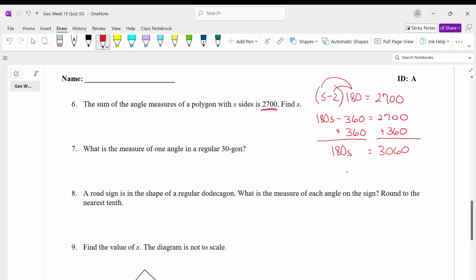And then we'll divide both sides by 180. So our S, which is the number of sides, is equal to 17. Set the formula for sum of the angles equal to the sum that is given and solve for n or solve for s.